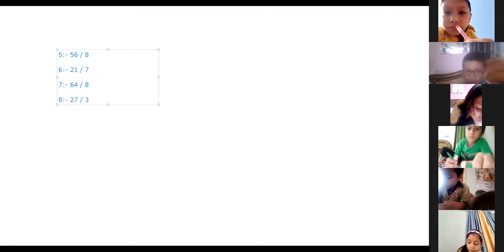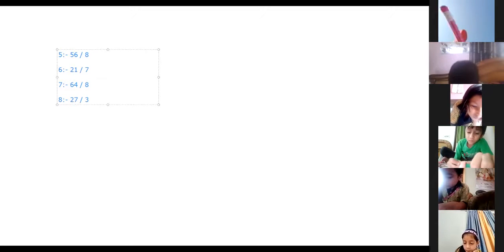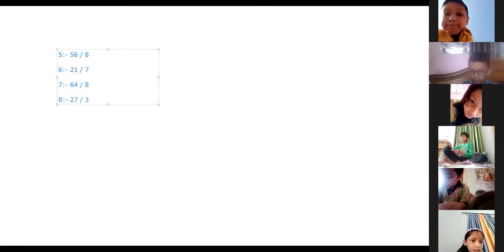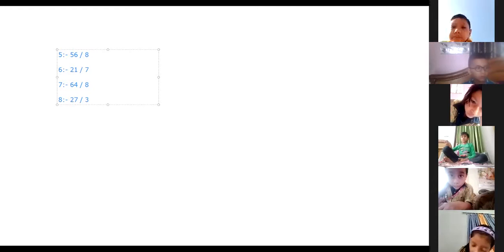Write down quickly, beta. Don't do it right now. अभी नहीं करना है. After the class, okay? Write down quickly in rough copy. 56 divided by 8, 21 divided by 7, 64 divided by 8, 27 divided by 3.